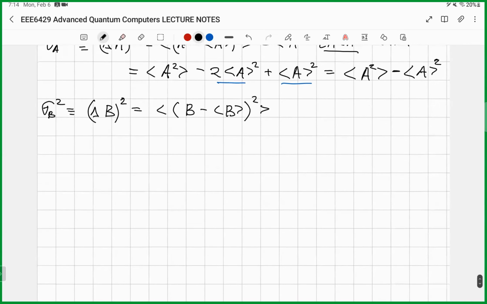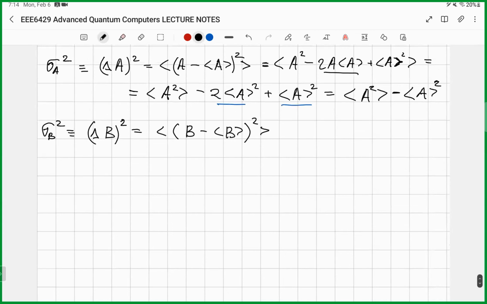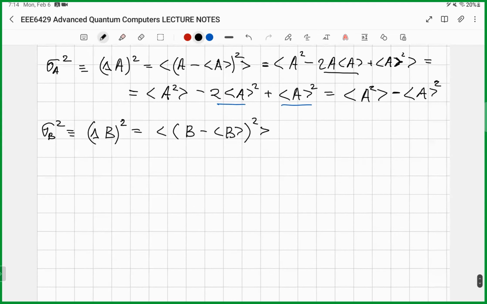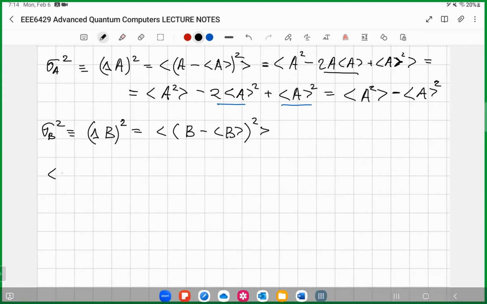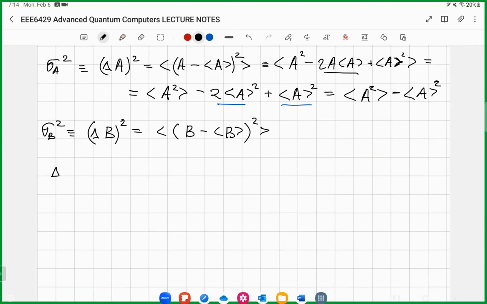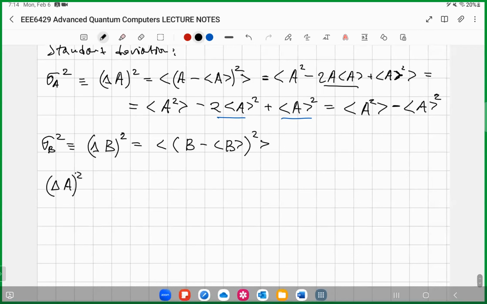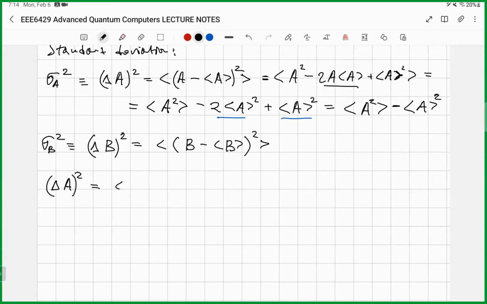So let's describe this in detail. I have this standard deviation squared, which is this one.